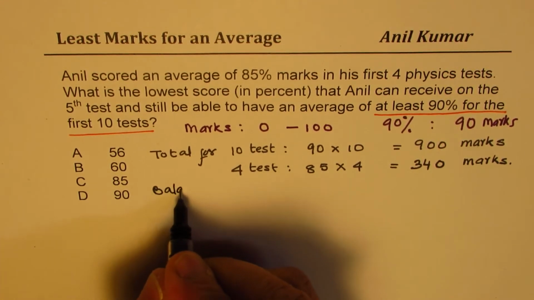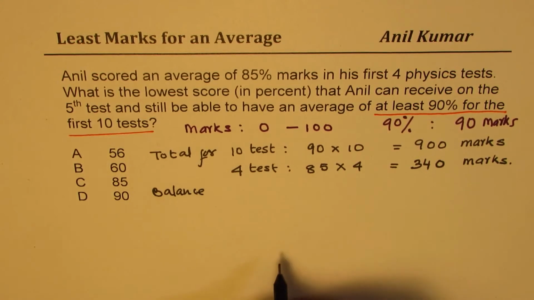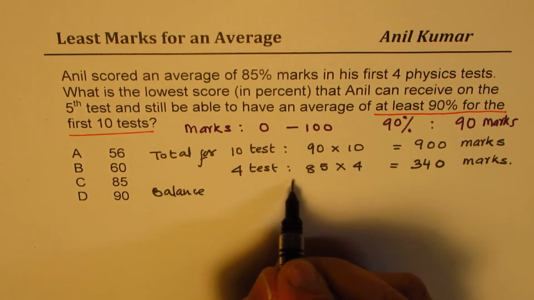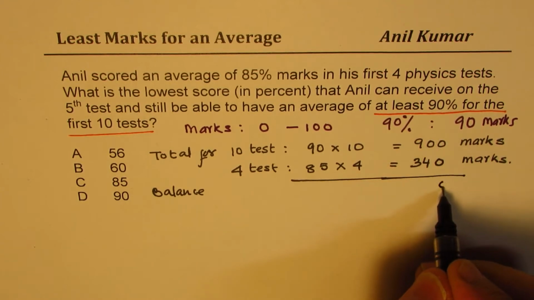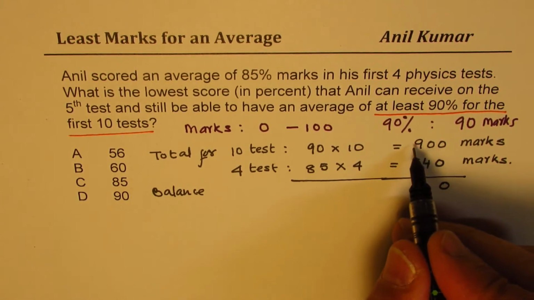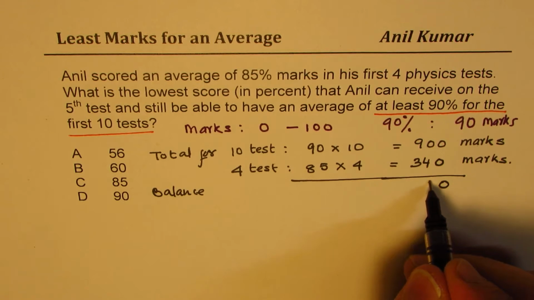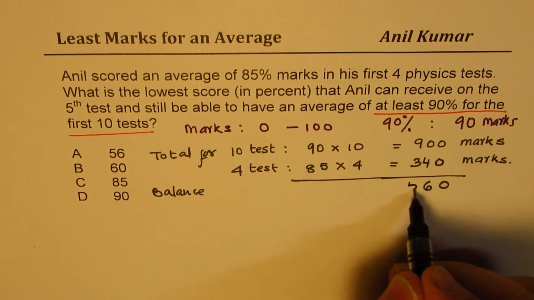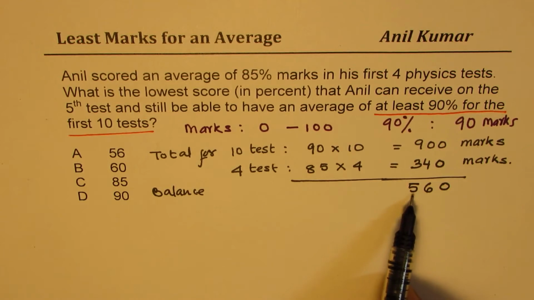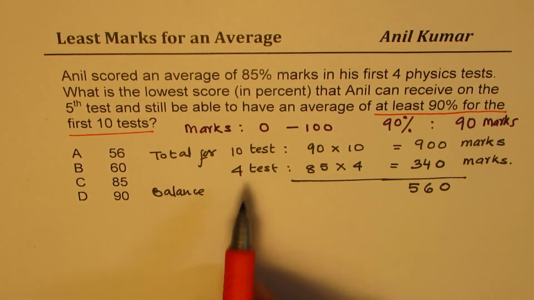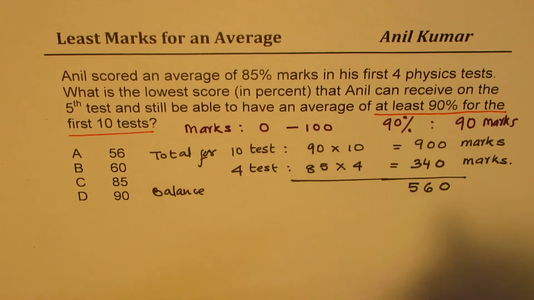So let's find out the balance, which is required. So balance is, let's take away, right? So when you take away, you get what? So when you take away from 10, 4 you get 6, from 8 we get 560. So we need 560 marks.